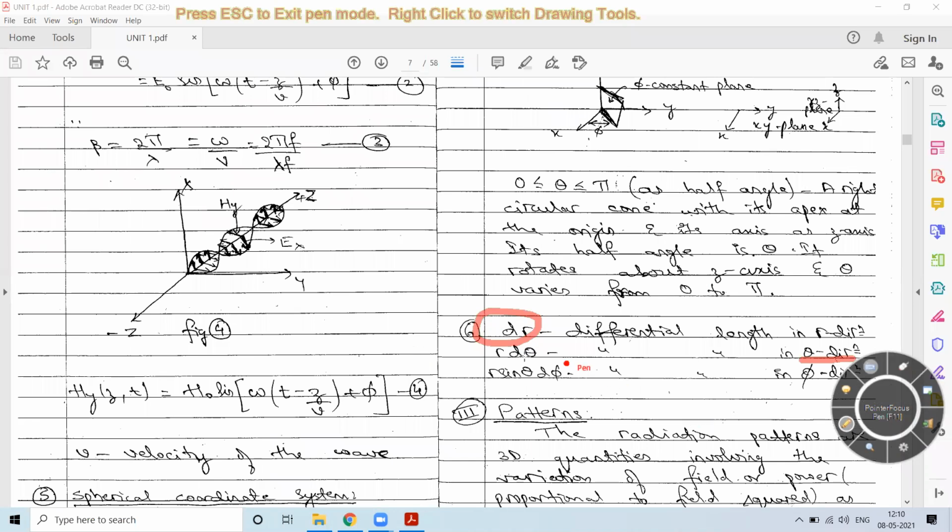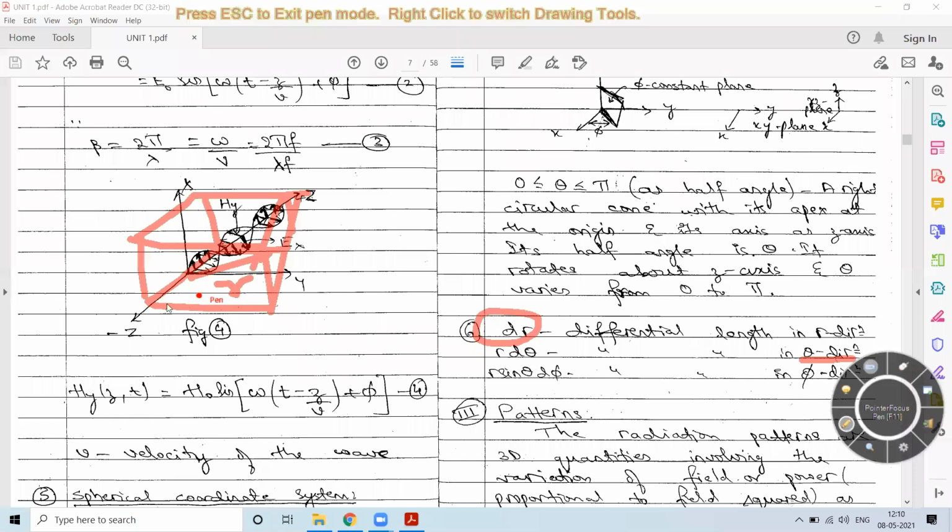If you want to know why it comes out in this form, you have to imagine a cube and consider one point on this cube, and from this point to this point it is r.